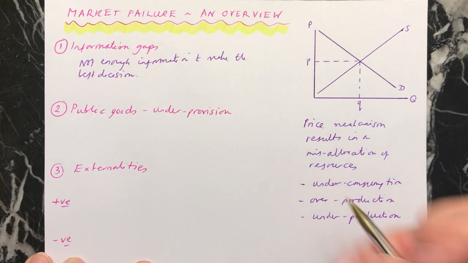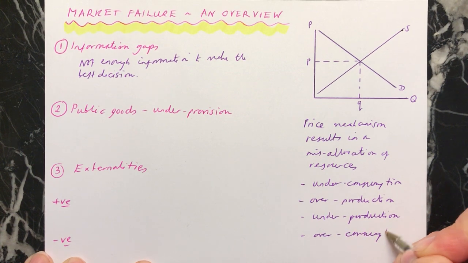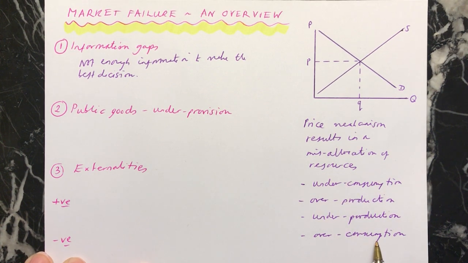So underconsumption, but maybe you'll have overconsumption of something. For example, if people don't understand the negative effects of drinking alcohol and they drink a lot of alcohol, it will be bad for them, but it's because of an information gap. Also, it might be that you don't have enough information about a product you want to buy, and you buy it and actually it doesn't give you very much utility.